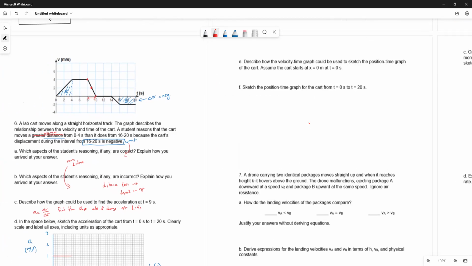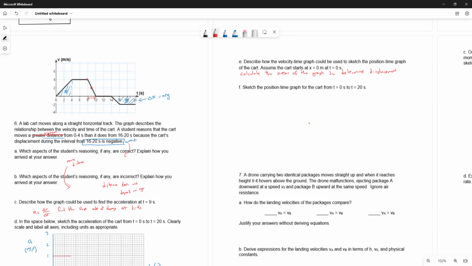Well, you could calculate the areas under the graph to determine displacement. I think that's a good enough explanation.